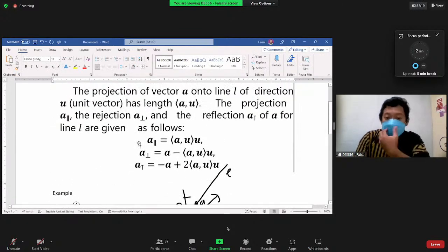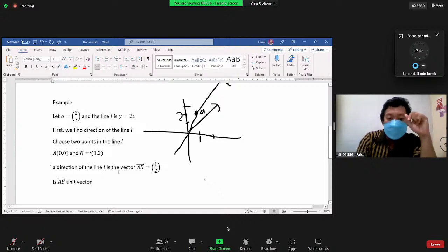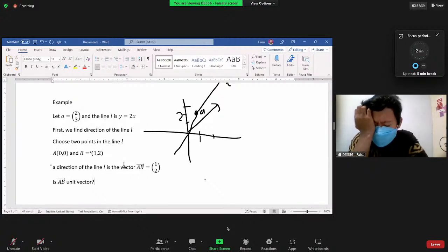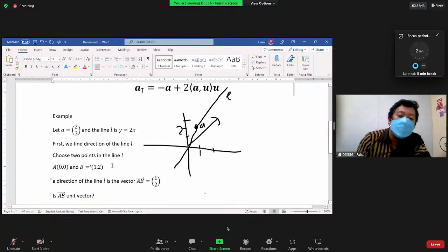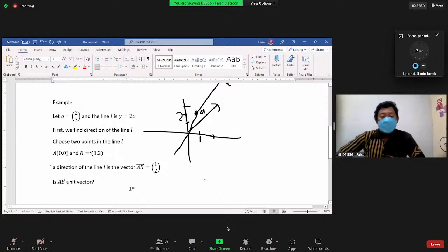Because if we want to use this formula, the direction must be a unit vector. So you must check whether this direction is a unit vector. Do you know what a unit vector is? Anyone?